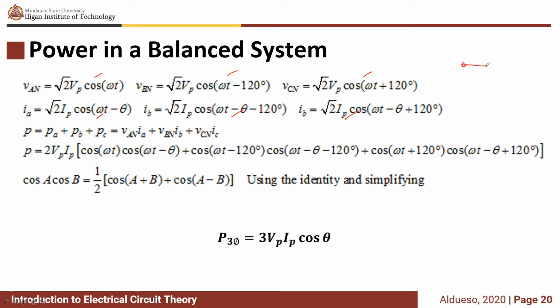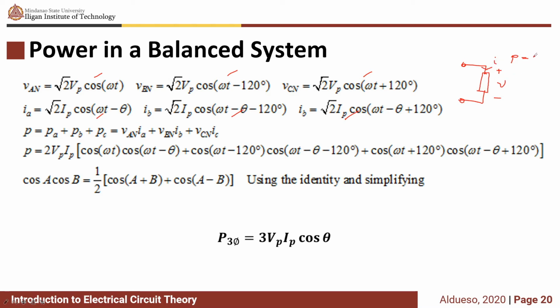So if this is the impedance per phase, we have the voltage and the current I. So power is just the voltage across this impedance times the current flowing through that impedance.